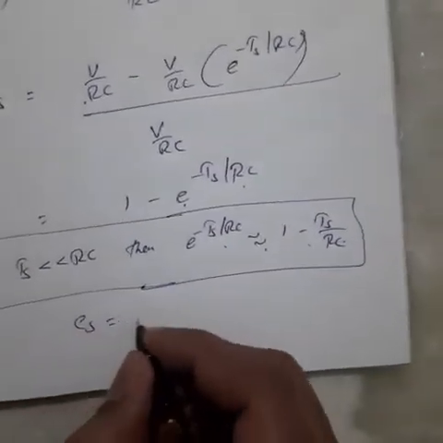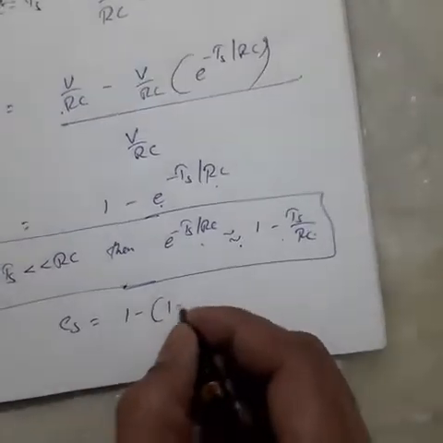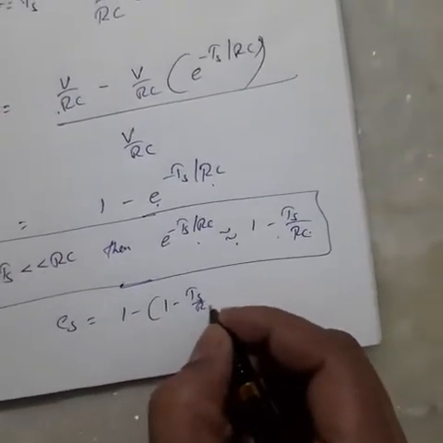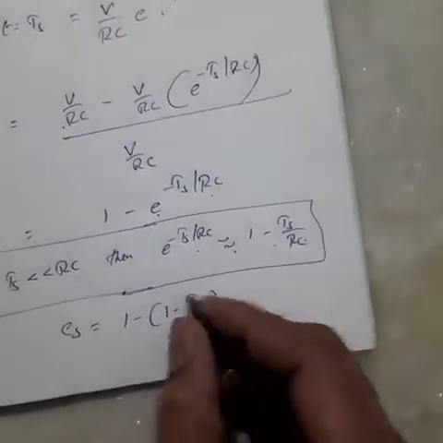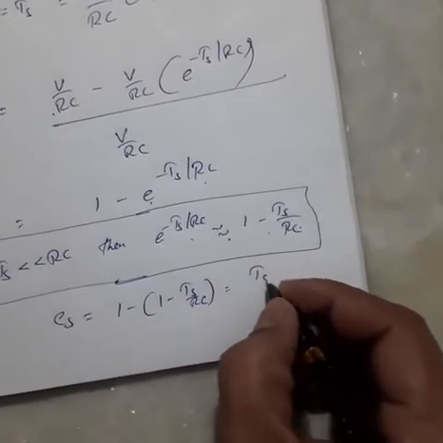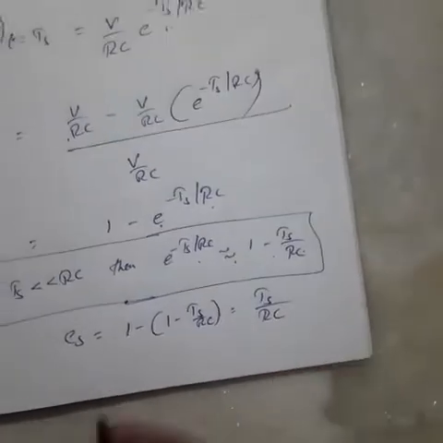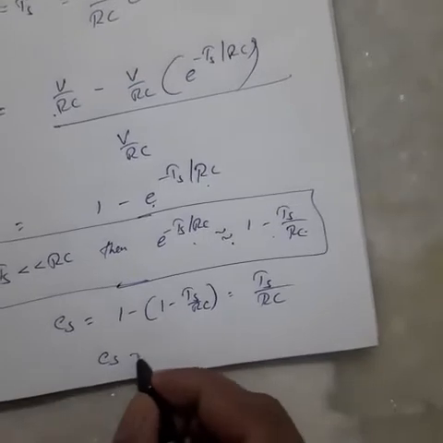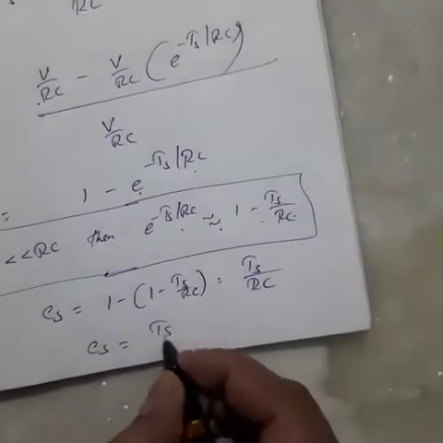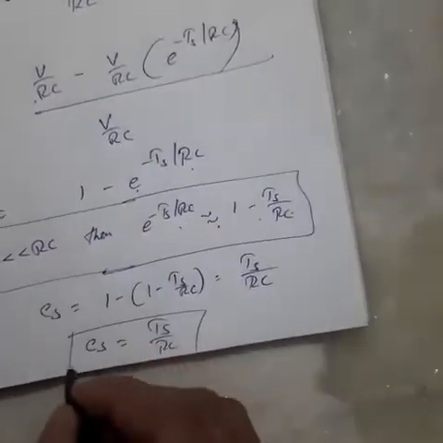Then finally we get Es equals 1 minus, ts by RC, so 1 and 1 cancel, and finally ts by RC. This is the slope error or sweep error, Es equals ts by RC.